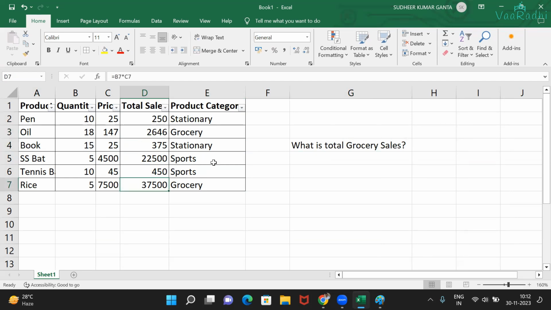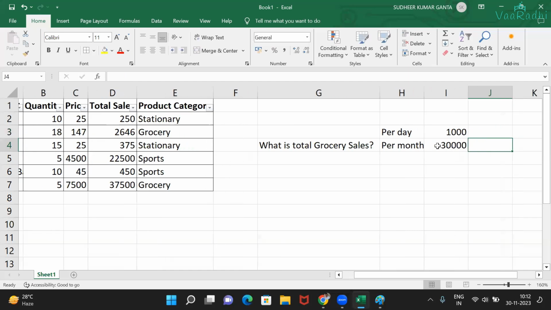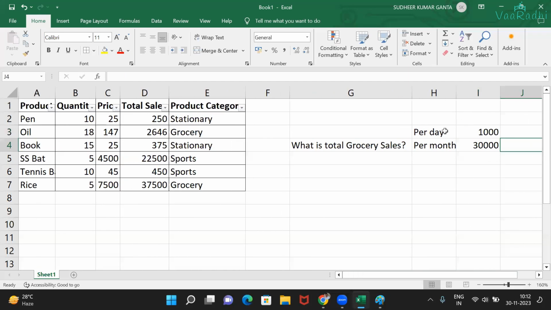Let's suppose, as per my earlier use case, per day sales is 1,000 transactions, and per month sales is 30,000 transactions. In such a use case, in a single day, how many transactions can I get, guys? What's the transaction count in a single day? 1,000.